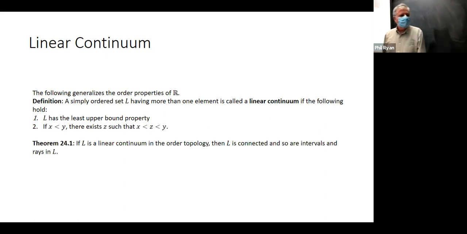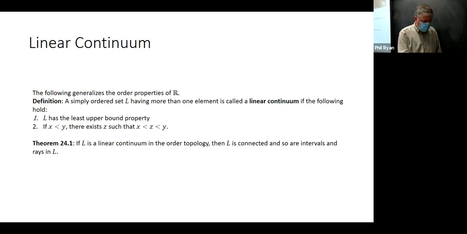Right. So if we have a linear continuum L in the order topology, then L is connected, and so are intervals and rays in L. So this is what we want.